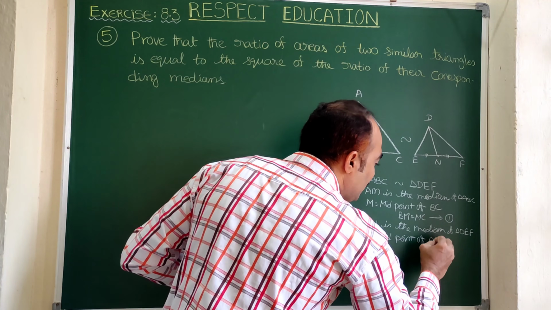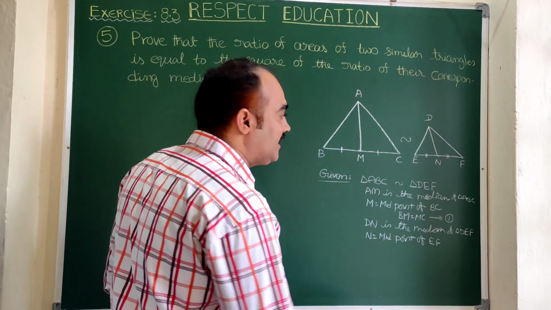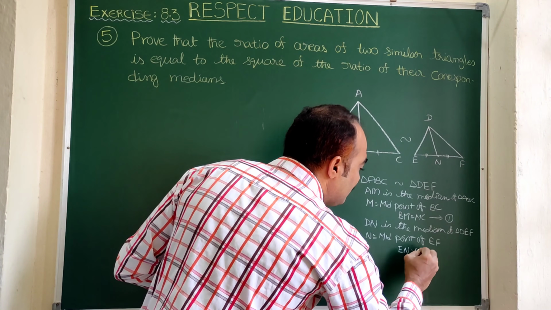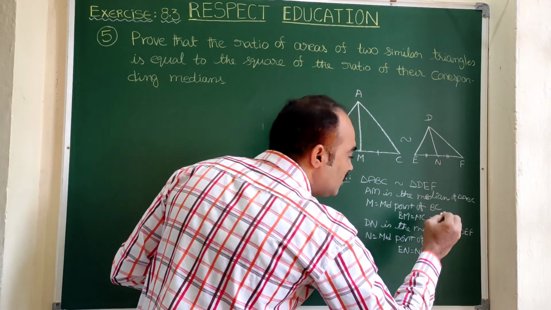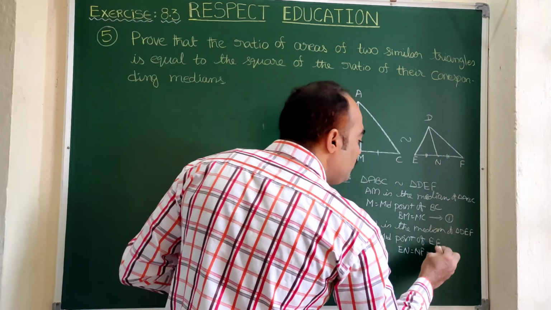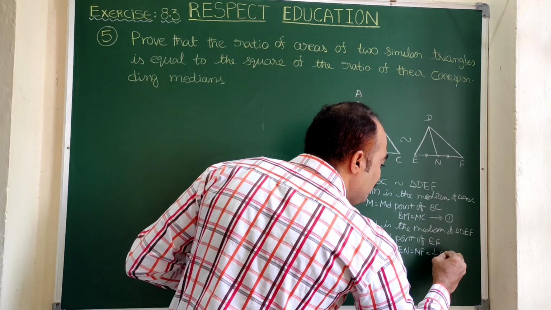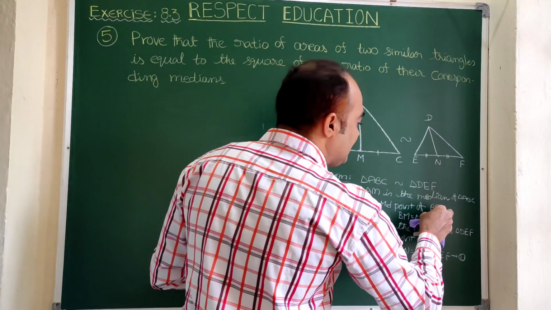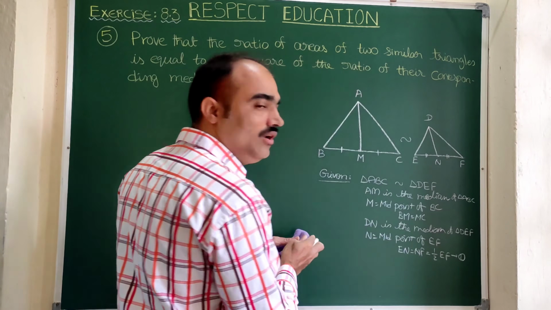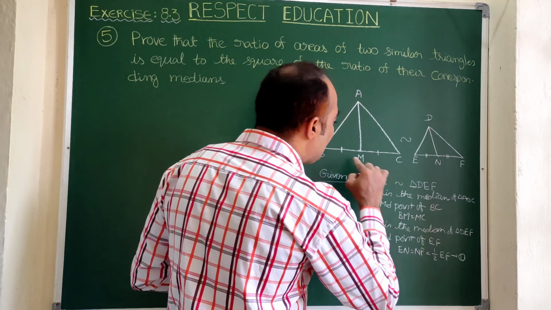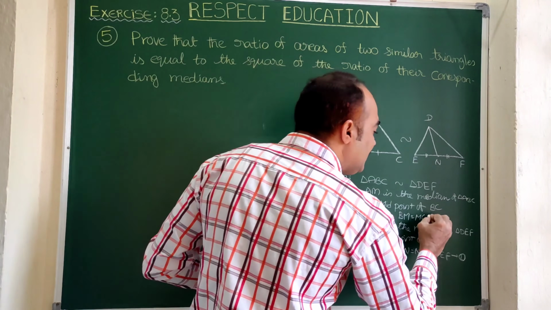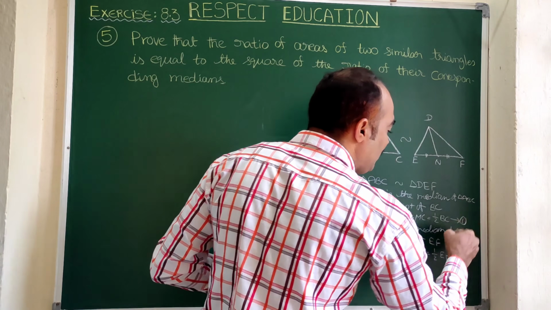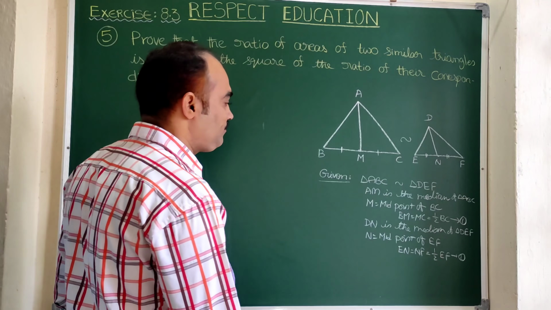That indicates EN equal to NF, and it can also be written as 1 by 2 EF. Let us consider it as equation number 2. Here in equation 1, we make a little change. Already we have written BM equal to MC, so we write it as half of BC. Let us consider this as equation number 1 and this as equation number 2.